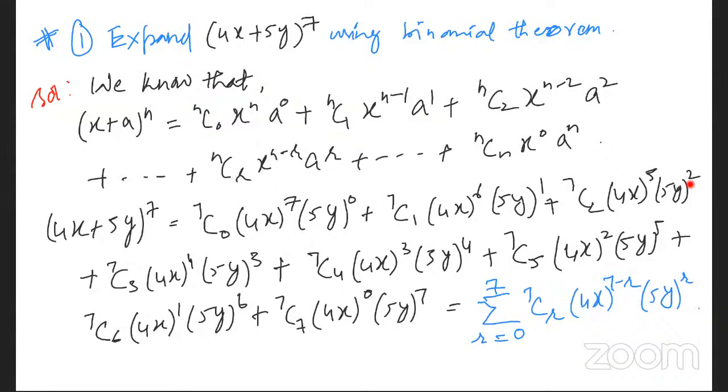This is how you're going to expand this one, isn't it? If you look at the terms, how many terms are there? 1, 2, 3, 4, 5, 6, 7, 8. So n is 7. You will be having n plus 1 terms. Here we have n equals 7, we'll have n plus 1 terms, so we have 8 terms. So you have to remember this one.